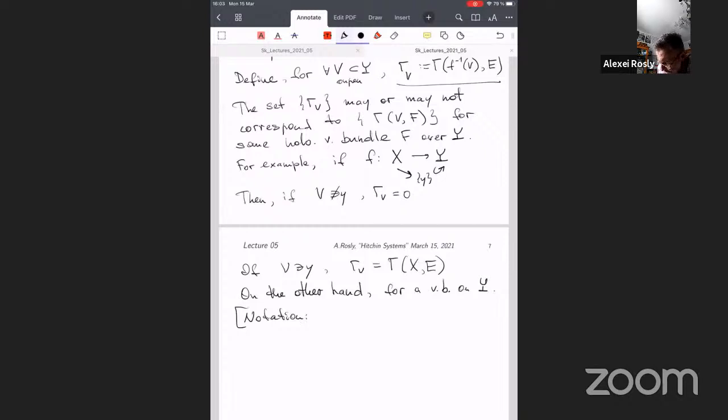Let me denote, for an open set V in Y, O of V the space of holomorphic functions on V.